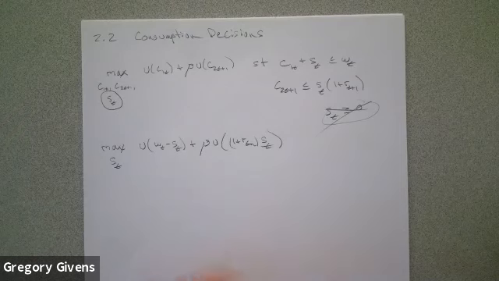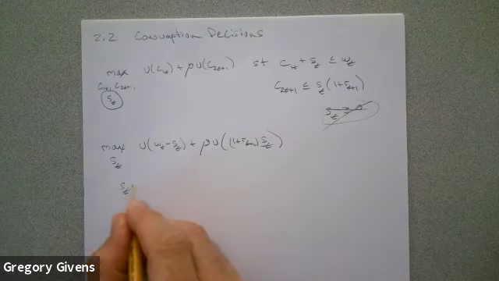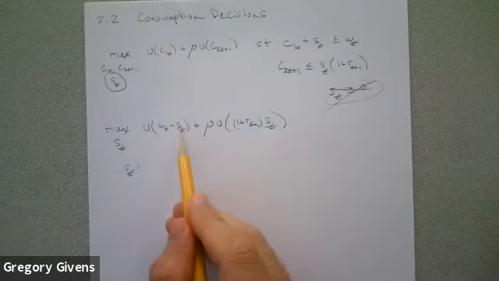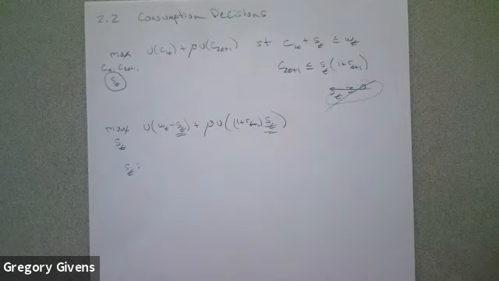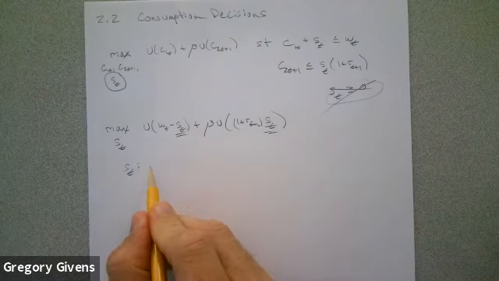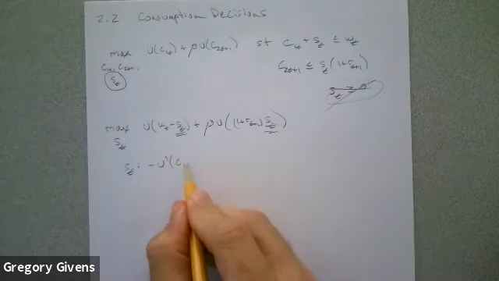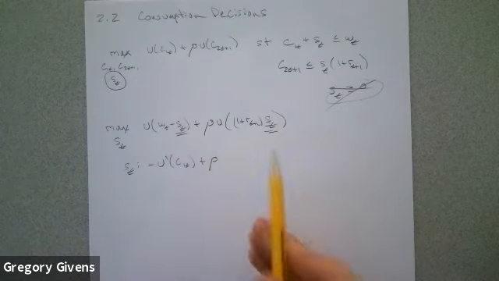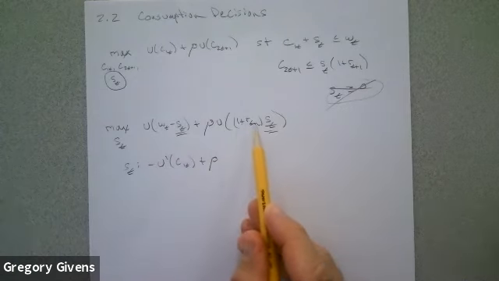Okay? So let's do the first order condition then. It's pretty straightforward. S appears here and here. So it's going to be a negative U prime of W minus S, which is just C1,t, plus beta times, there's a 1 plus r attached to this S, so you have to use the chain rule.